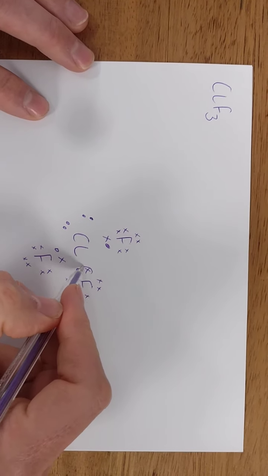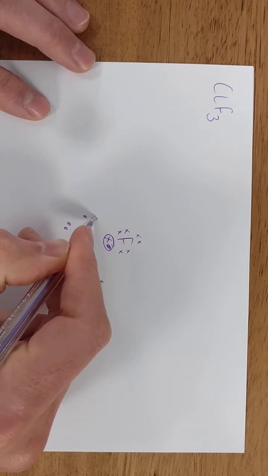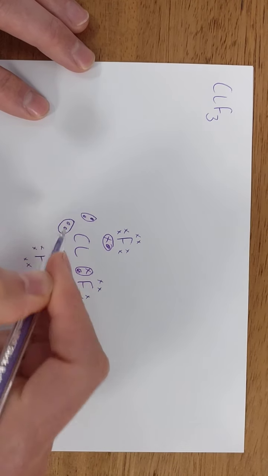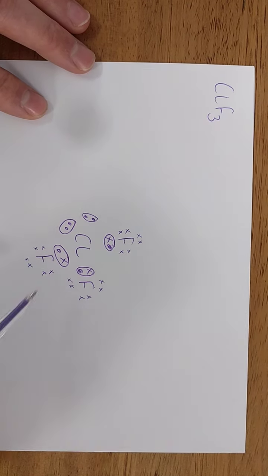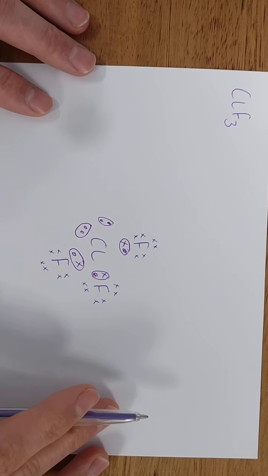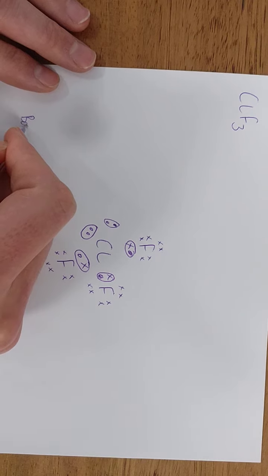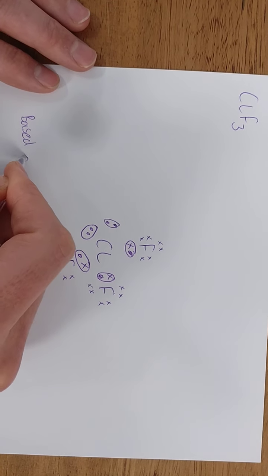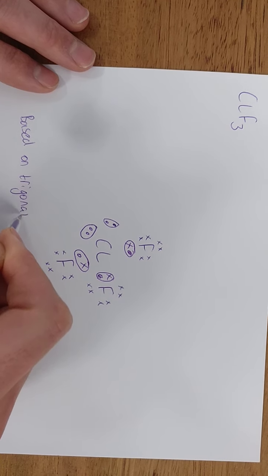So this time we have 3 bonding pairs of electrons and 2 non-bonding pairs of electrons. So we have 5 areas of electron density in total, but only 3 of those are in bonding pairs of electrons between the chlorine and the fluorine. So 5 areas of electron density, it's going to be based on the shape that we've just seen, on trigonal bipyramids.